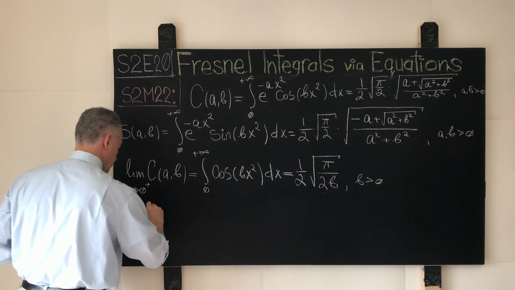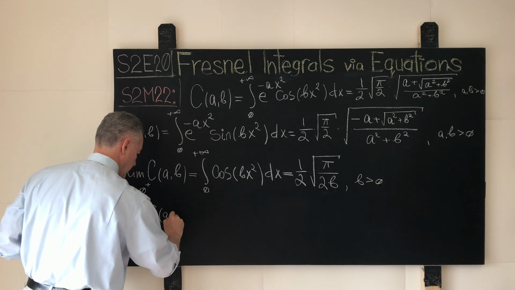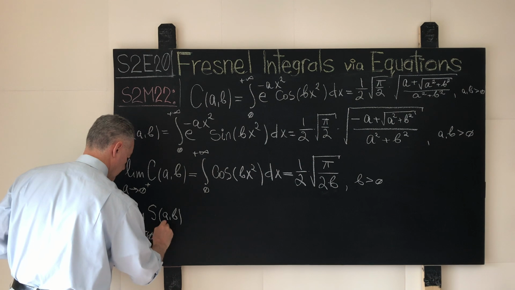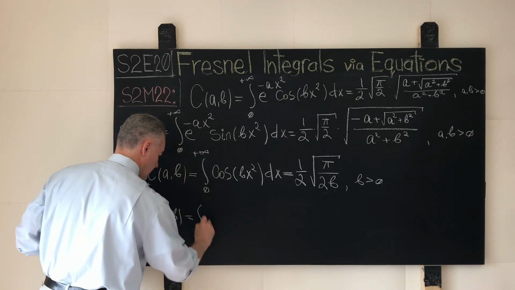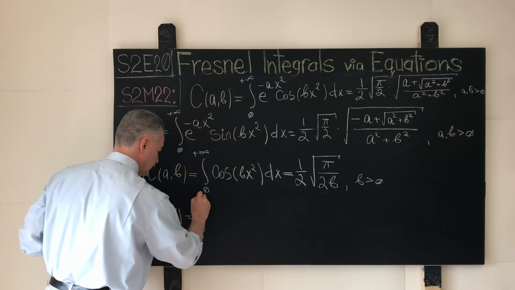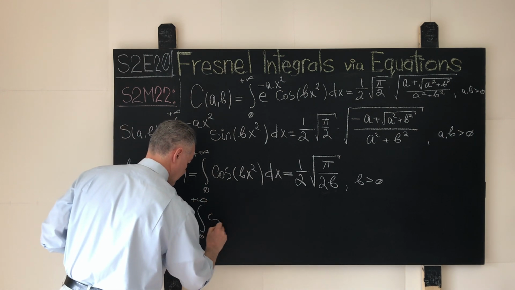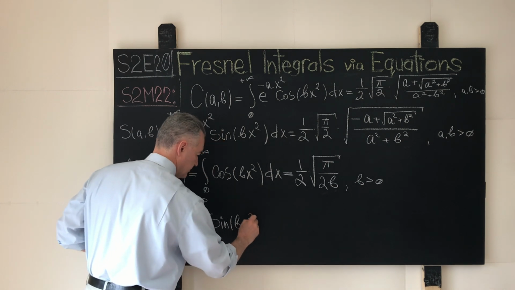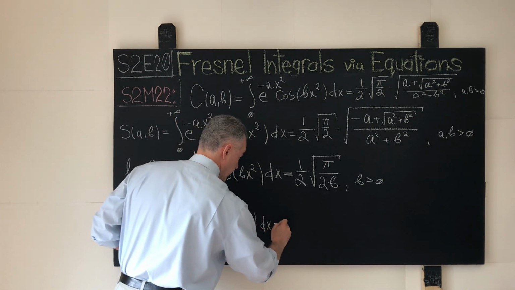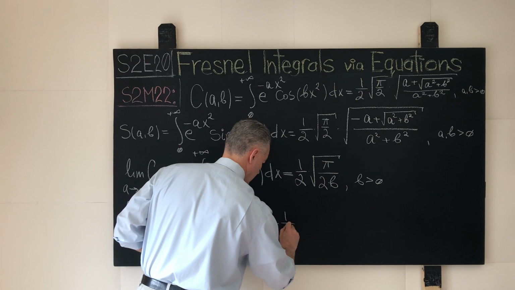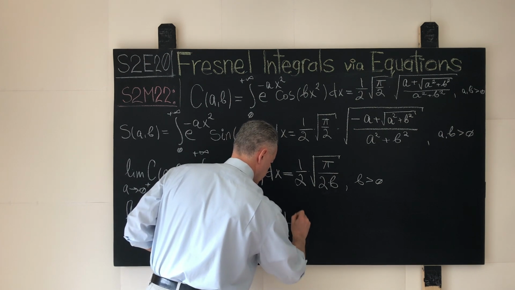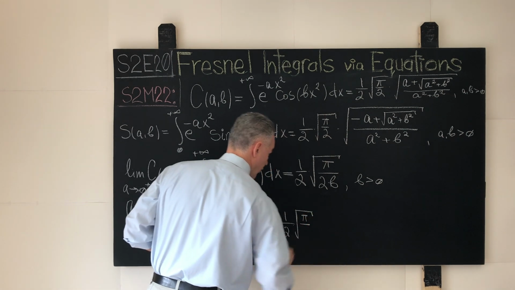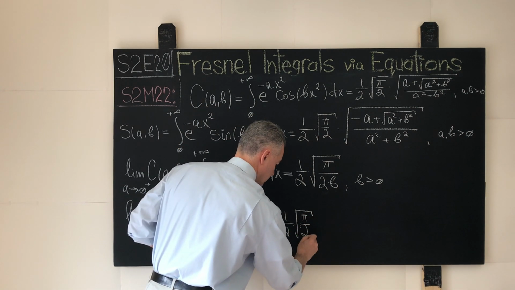And for the limit of the function S(a,b) when a tends to 0 from the right, we have our integral from 0 to positive infinity of the trigonometric function sine of bx squared dx, which is 1 over 2 times square root of pi over 2.